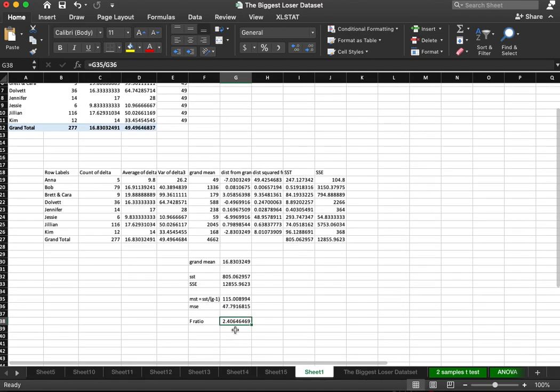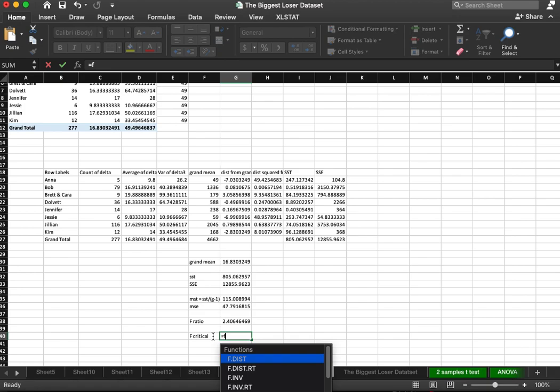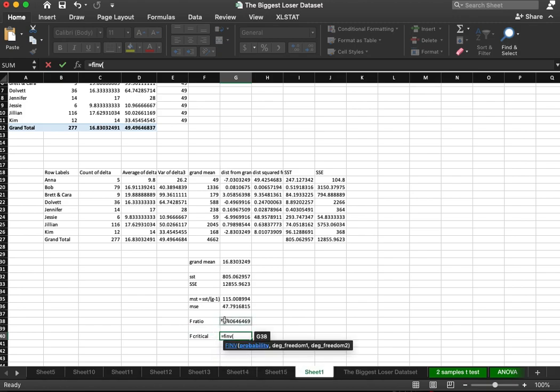Okay, so there we go, 2.4. Now let's find my critical value. That's F dist. No, that's F inverse. Probability is 0.05. Degrees of freedom 1 is G minus 1, so that's 7.